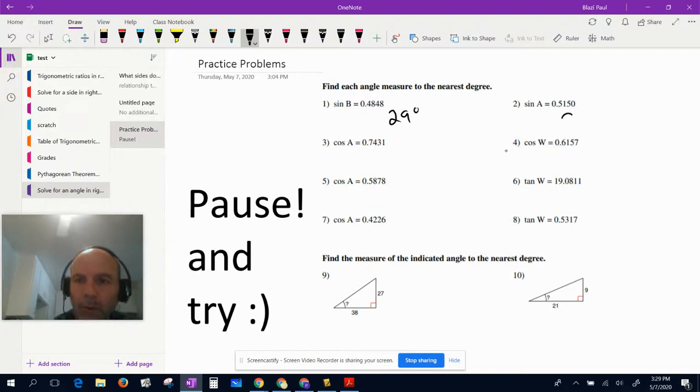This is 31 degrees. Cosine 0.7431. Boom, 42 degrees. Cosine W equals 0.6157. 52 degrees.